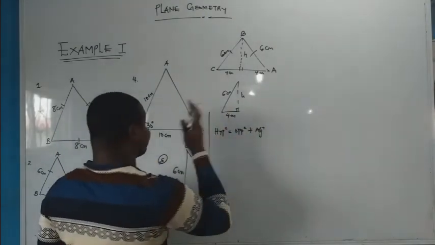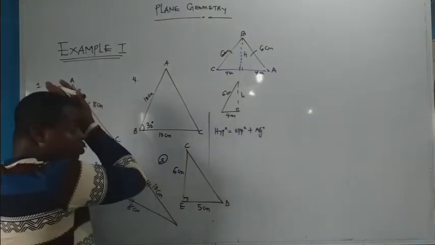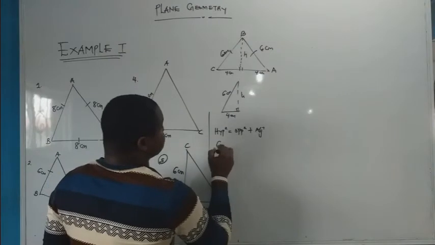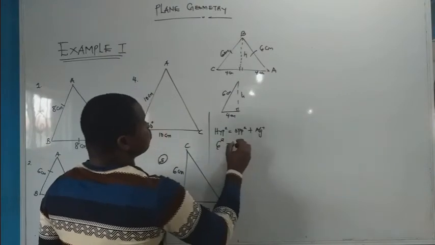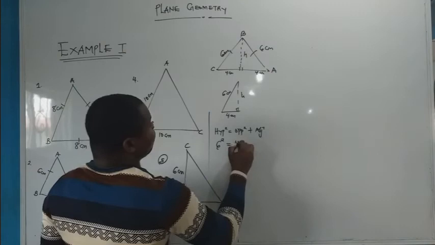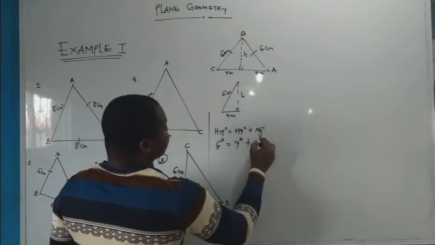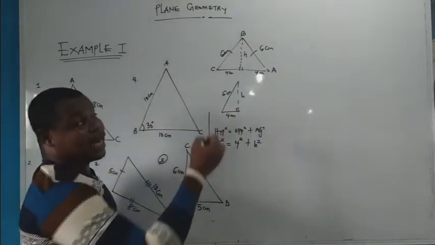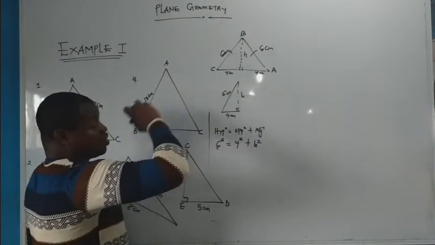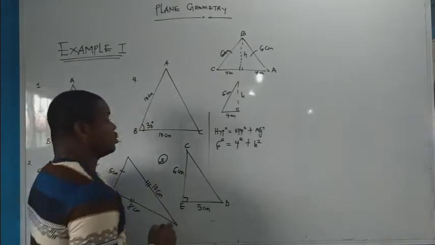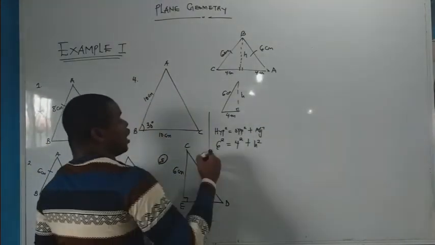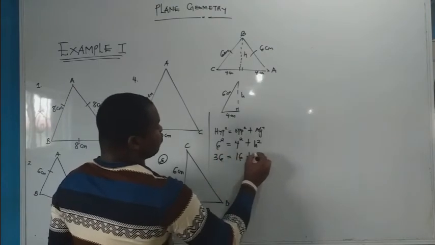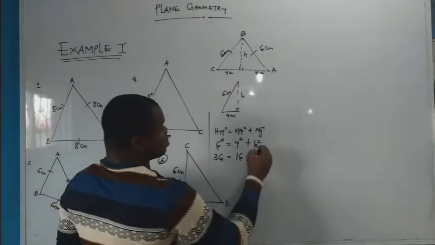The longest side, the side facing the angle 90 degrees. So we have 6 squared is equal to 4 squared plus H squared. Remember, this can be the opposite, and can also be the adjacent, depending on the angle given. So we have 36 is equal to 16 plus H squared.